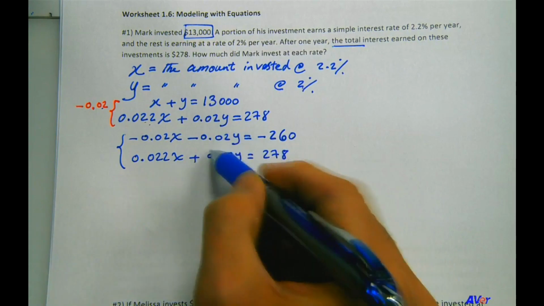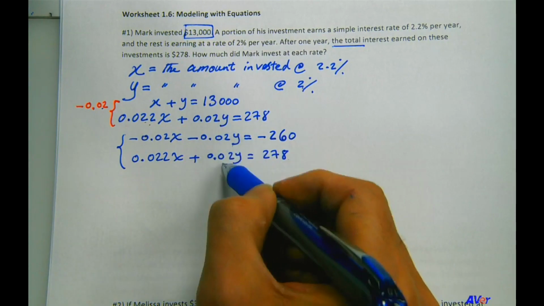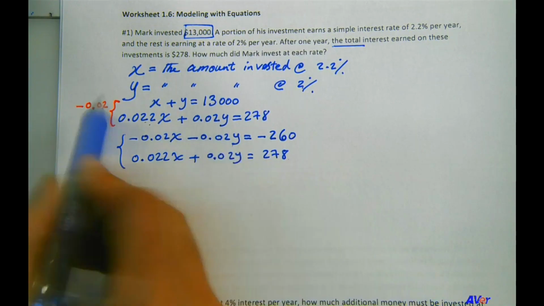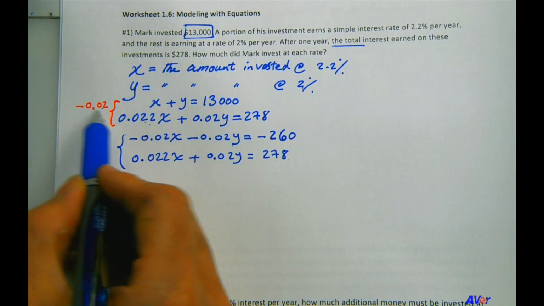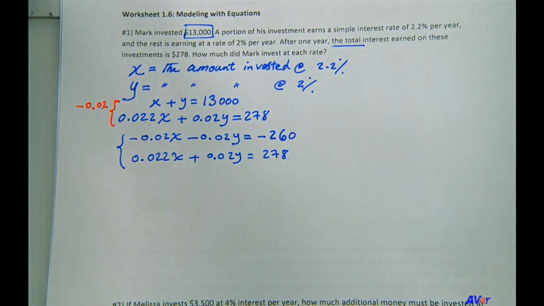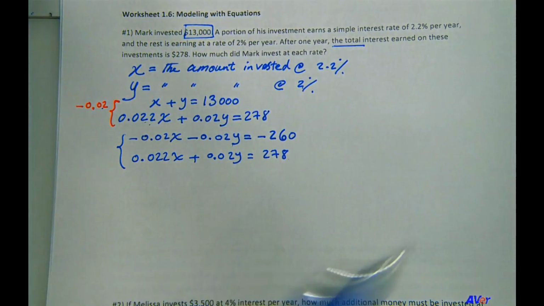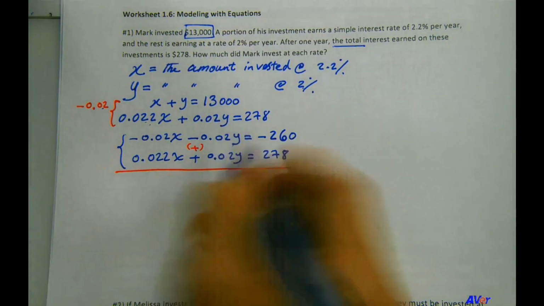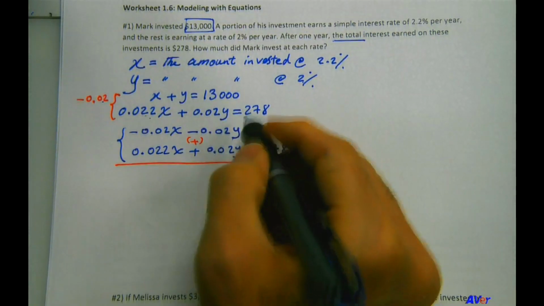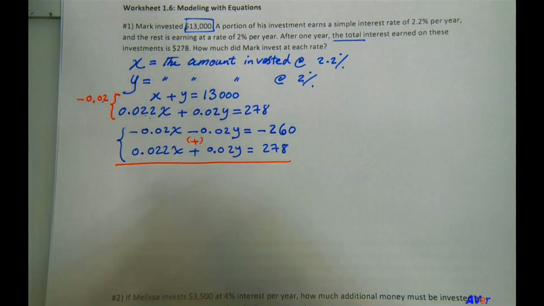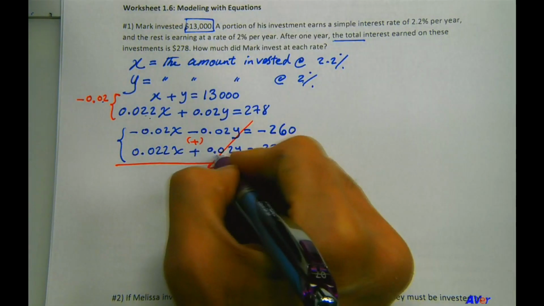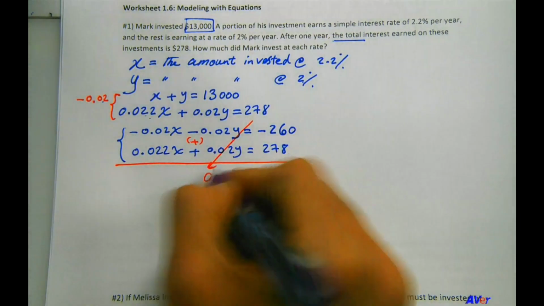So compare the coefficients of the y terms in this problem. They are equal and opposite after I distributed the minus 0.02 into the top equation, aren't they? Okay, so that means once we add the two equations, those two are going to cancel each other out. So they add up to 0. Minus 0.02y and positive 0.02y add up to 0.